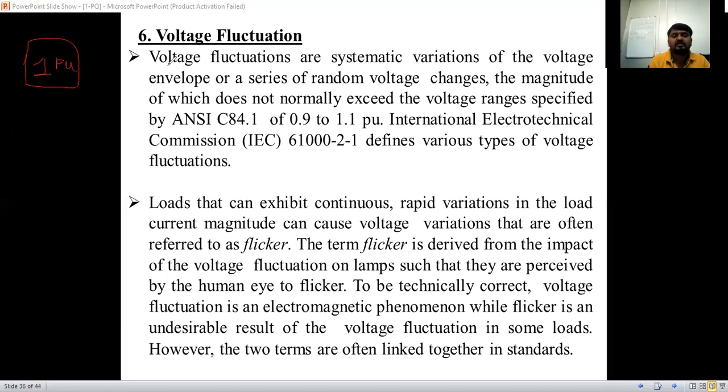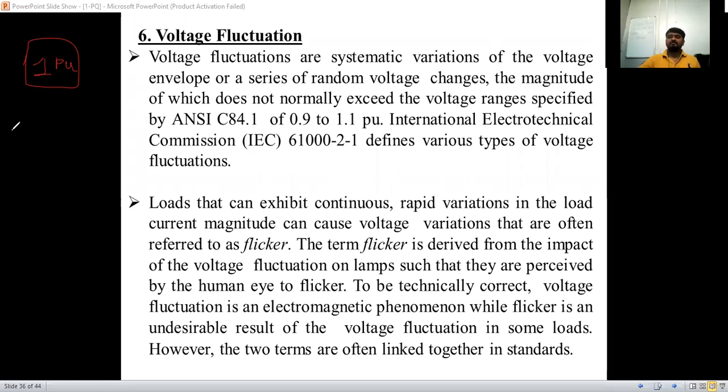Voltage fluctuation we are discussing. Voltage 1 per unit is required, but plus or minus is acceptable. What is that range here? Now I'm asking you people. What is the range we can accept? It should not exceed or go below that.